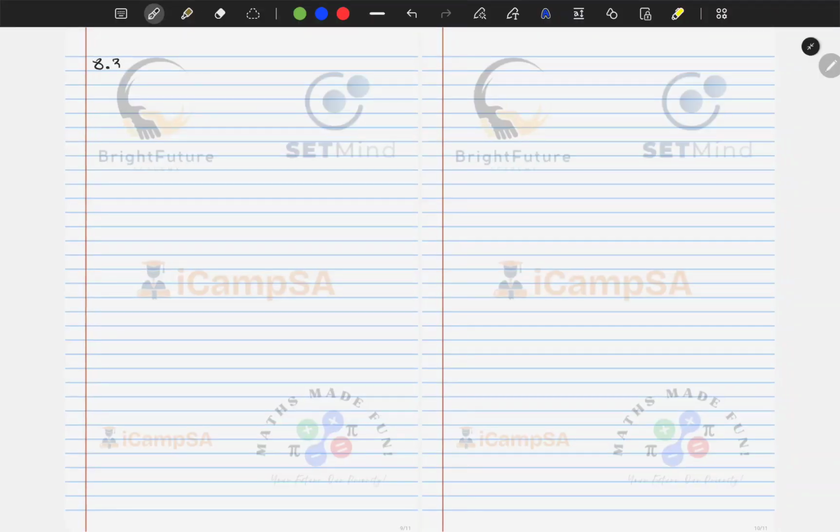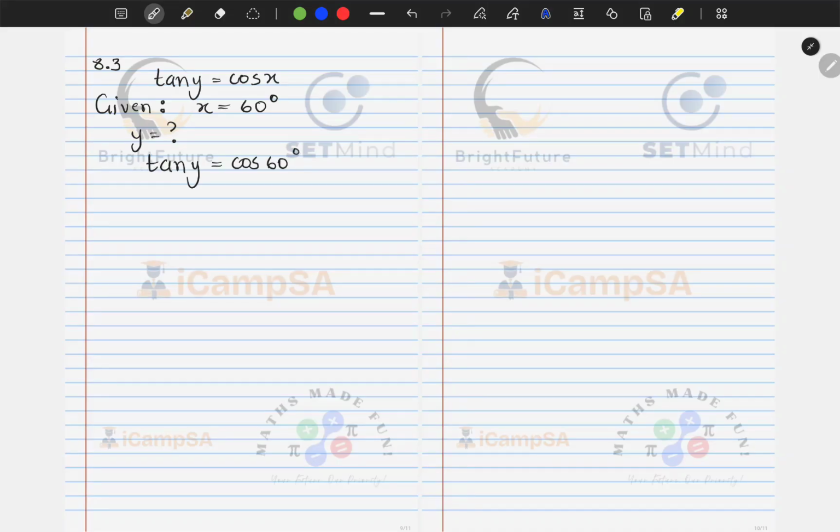So let's go to 8.3. We have tan y equals cos x, and we are given that x is 60 degrees and we calculate y. So this means tan of y equals cos of 60 degrees.